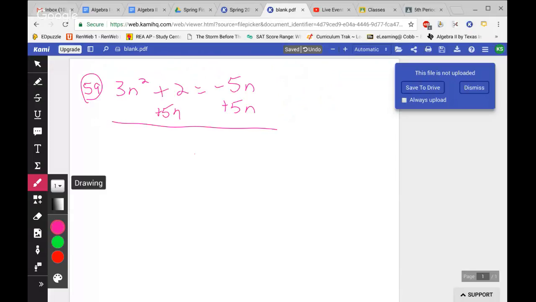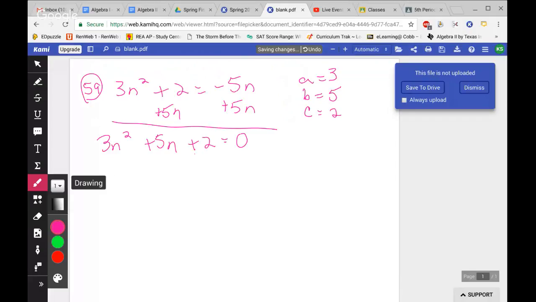For standard form, I need the 3n squared to go first, the 5n second, and the plus 2 in the third, or constant, position. Once I have it in standard form, I identify my A, my B, and my C, because you have to have it in standard form before you identify those. So A in this case is going to be what? 3. And B is 5. And C is 2.